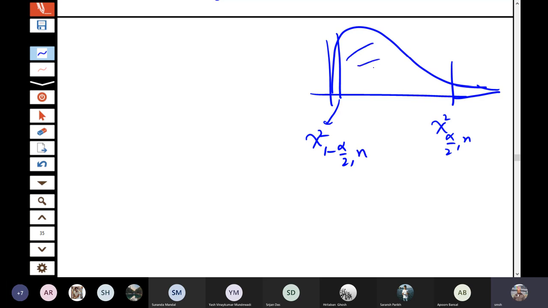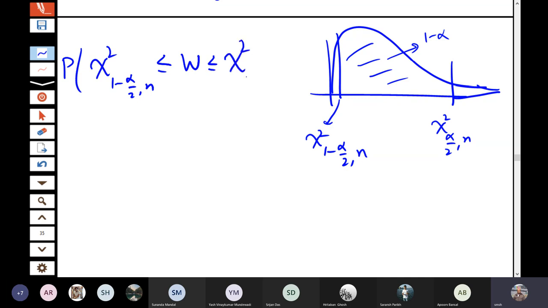Compared to this, t and normal are symmetric distributions, but this is not a symmetric distribution. So we write probability of chi square 1 minus alpha by 2, n less than or equal to W less than or equal to chi square alpha by 2, n, that is equal to 1 minus alpha.